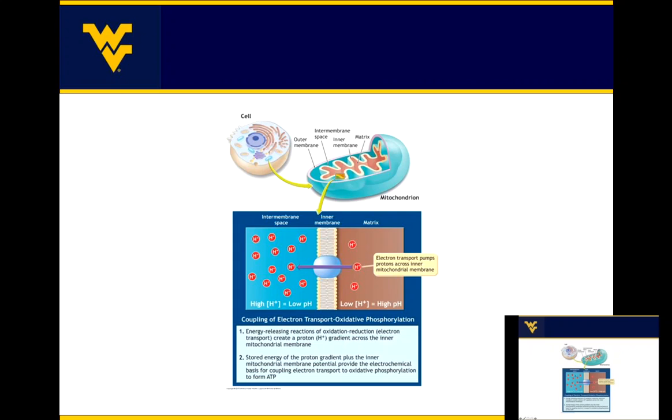You have way more protons in the inner membrane space, this area right here, than you do deep within the mitochondria, this matrix right here. And this gradient forms this electrochemical process by which, in essence, it's just creating an energy field. Just think of it like that.